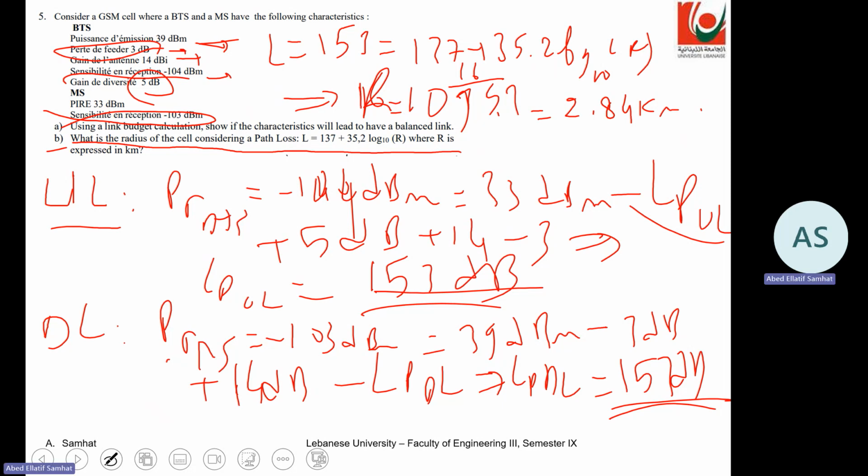It's fine. So here we calculated the radius of the cell given this path loss.